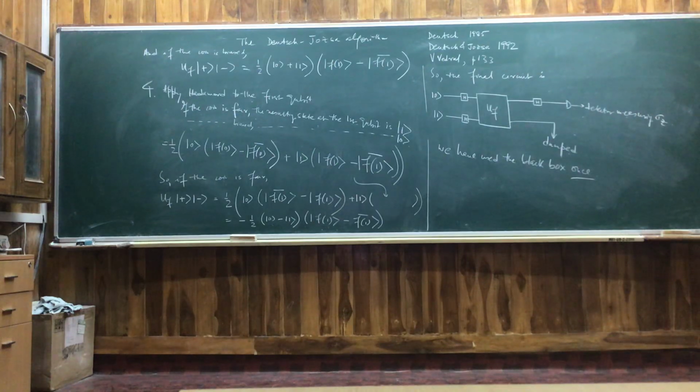But in the quantum case, you can put in both at the same time and get a single answer, which is a superposition of F0 and F1. And in some cases, the values of the evaluations of F done inside that superposition can be used to go beyond the classical case, as in this case.